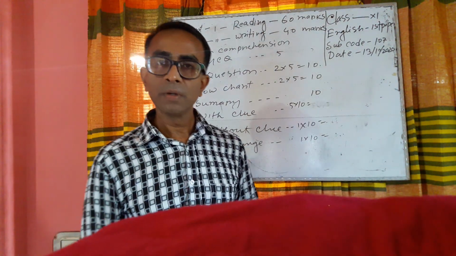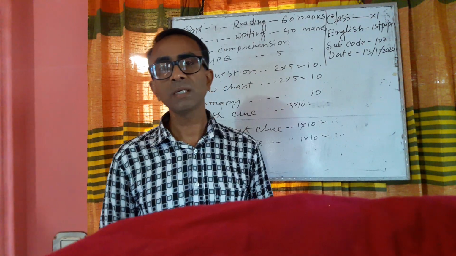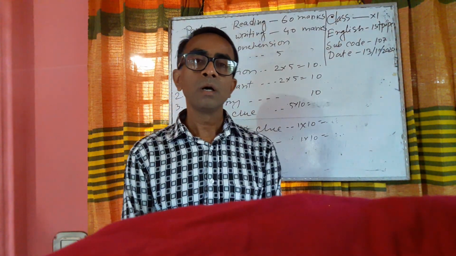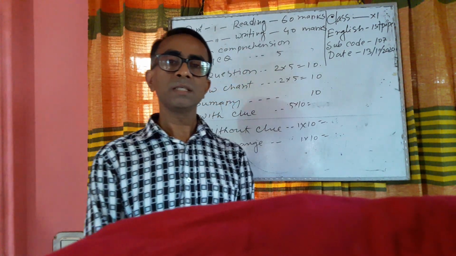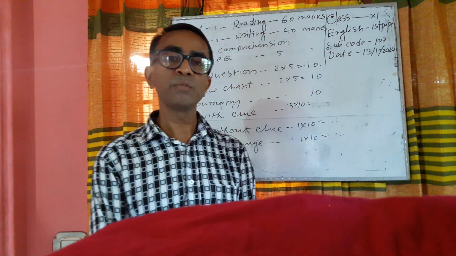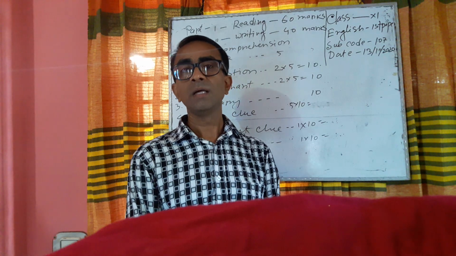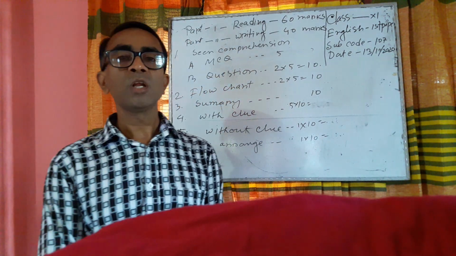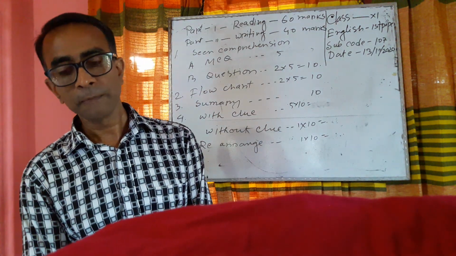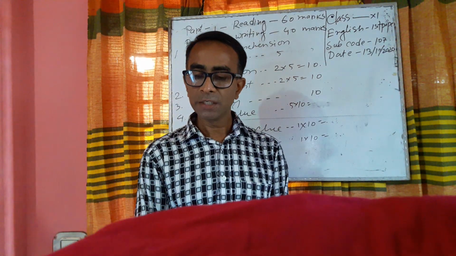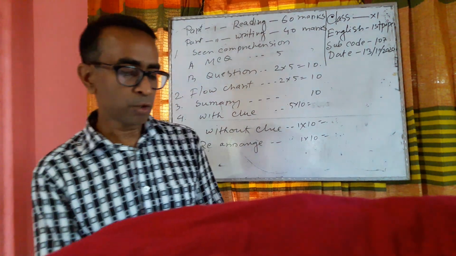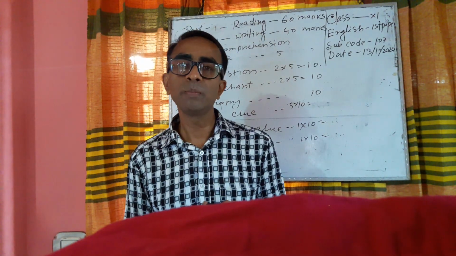Number 7, there will be a paragraph. Paragraph bears 10 marks, and this paragraph may be comprehension based, or it may be unseen. So you have to memorize, you have to realize many paragraphs, you have to develop paragraph writing skill. Number 8, there will be an incomplete story, and you have to complete the story.